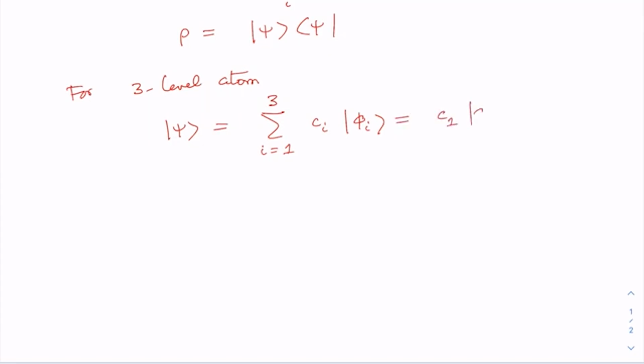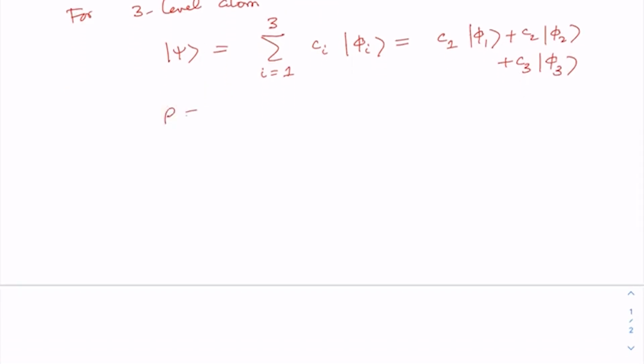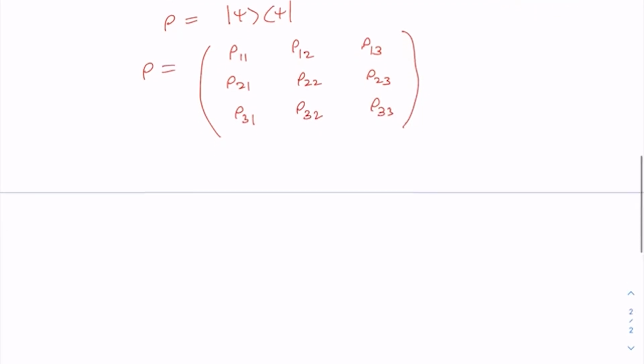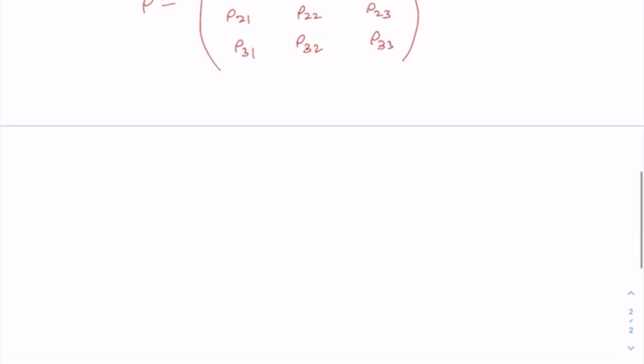That means I can write it as C1 phi 1, C2 phi 2, and C3 phi 3, where phi 1, phi 2, phi 3 are eigenstates, and the corresponding density operator would be this, and the density matrix would be represented by a 3 by 3 matrix with elements like this: rho 11, rho 12, rho 13, rho 21, rho 22, rho 23, rho 31, rho 32, rho 33. So this formalism can be extended to any number of energy levels.